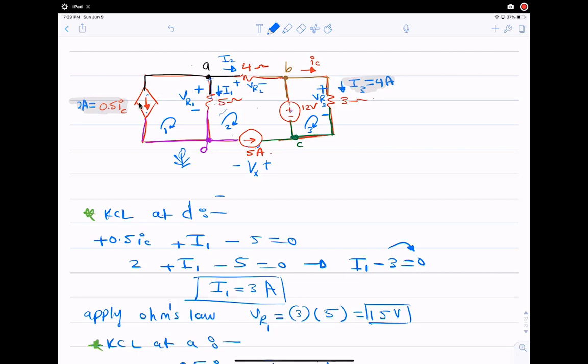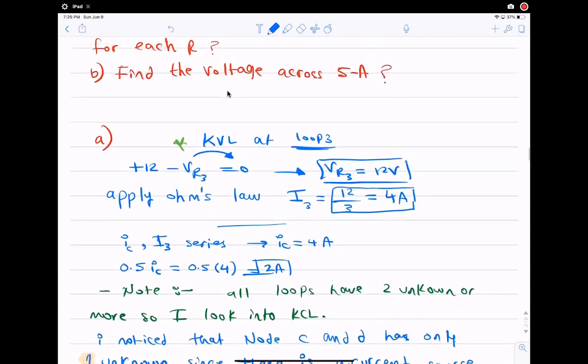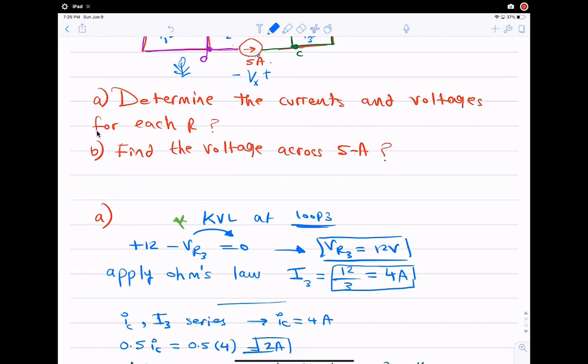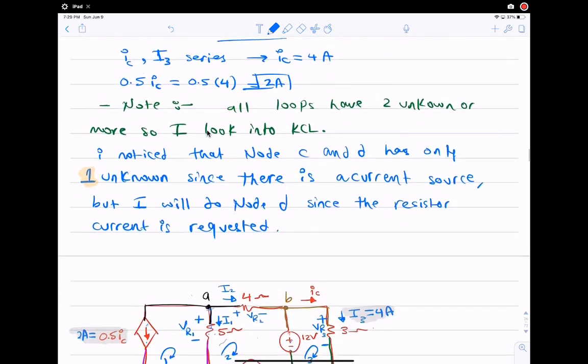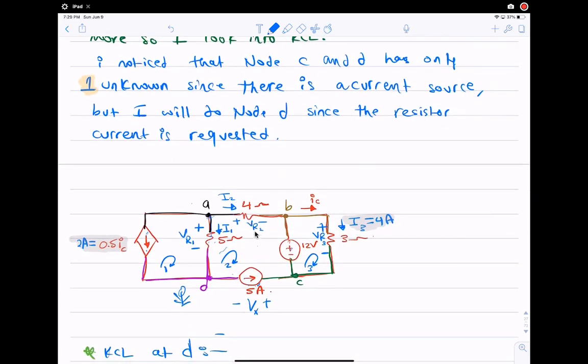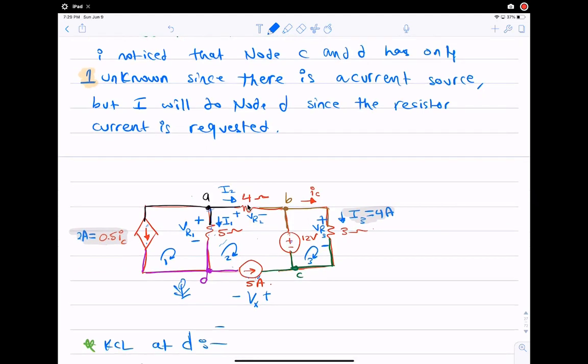I know the current here. We already found V and I for those resistors, because if we look at the question again, determine the currents and voltages for each resistor. Now the only resistor we did not find its values for is this one.